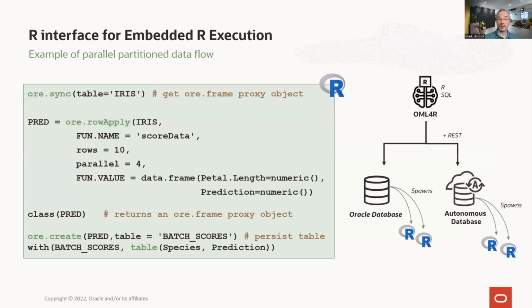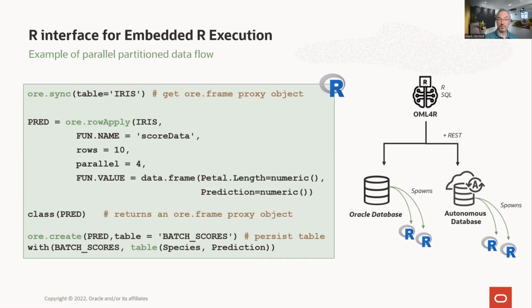So now let's use OML for R to get data parallel behavior using our scoring UDF. After getting a proxy object to the iris table, we provide it to ore.rowApply, along with the name of the function in the script repository, and that we want 10 rows to be processed at a time, and to do this in parallel using 4 R engines.